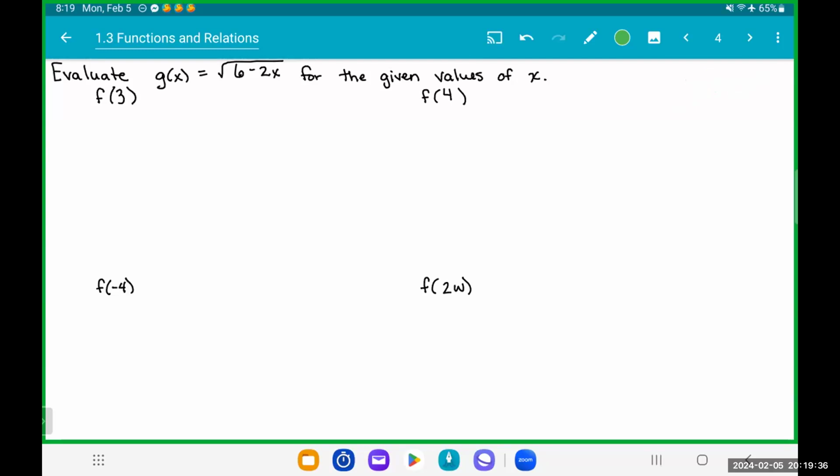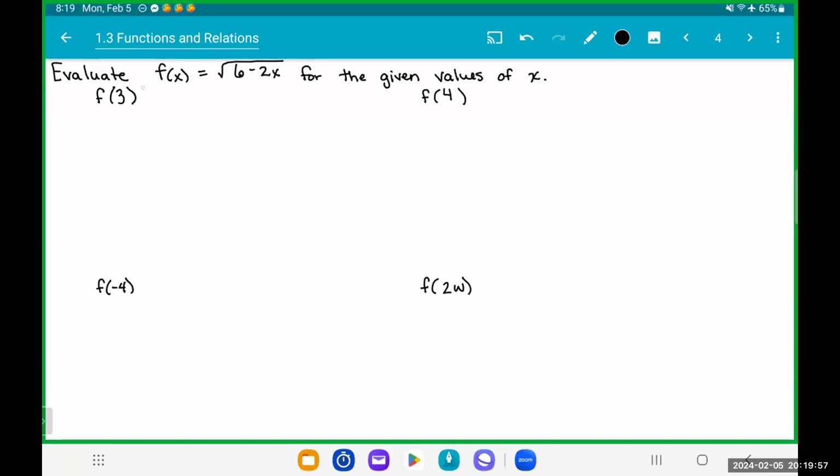So when we look at evaluating this at 3, let me make this an F, since all my problems say F, sorry. So F of 3, we're going to evaluate it here.